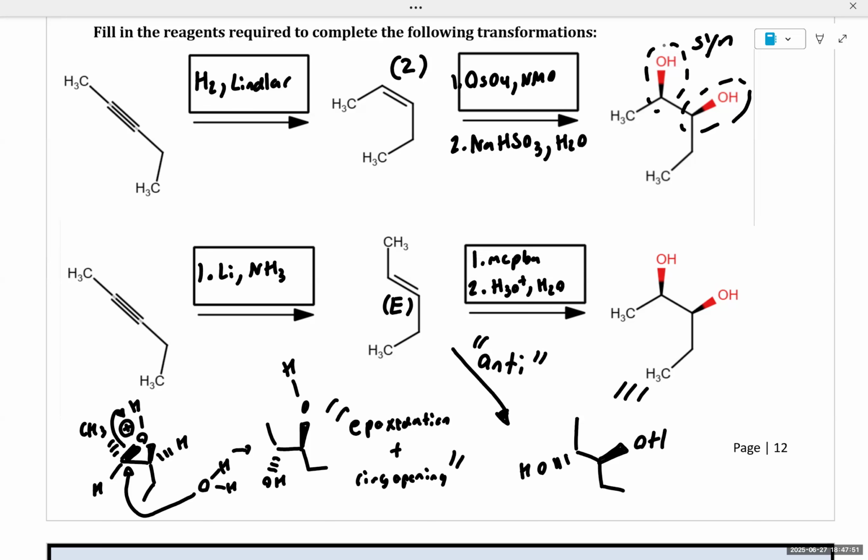So as you can see, combining reduction of alkynes with reaction of alkenes lets us prepare very complex molecules in a defined stereochemical manner. Very powerful stuff.